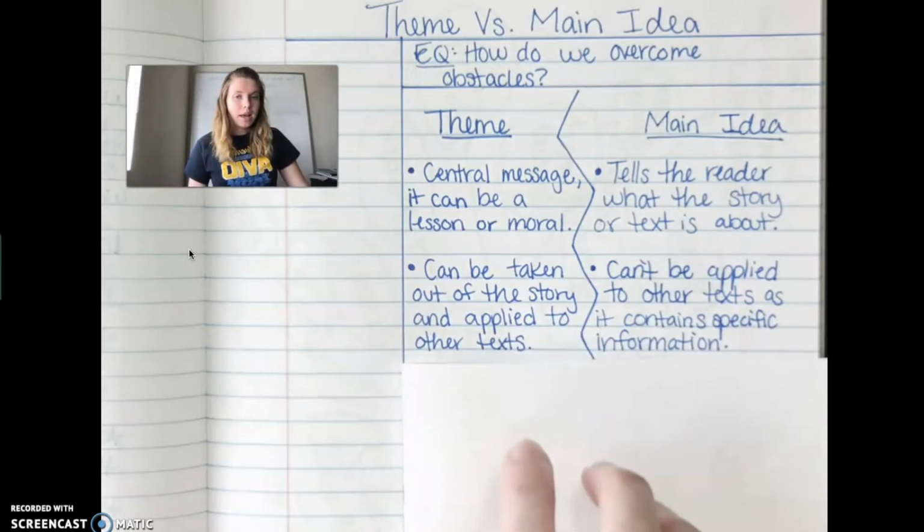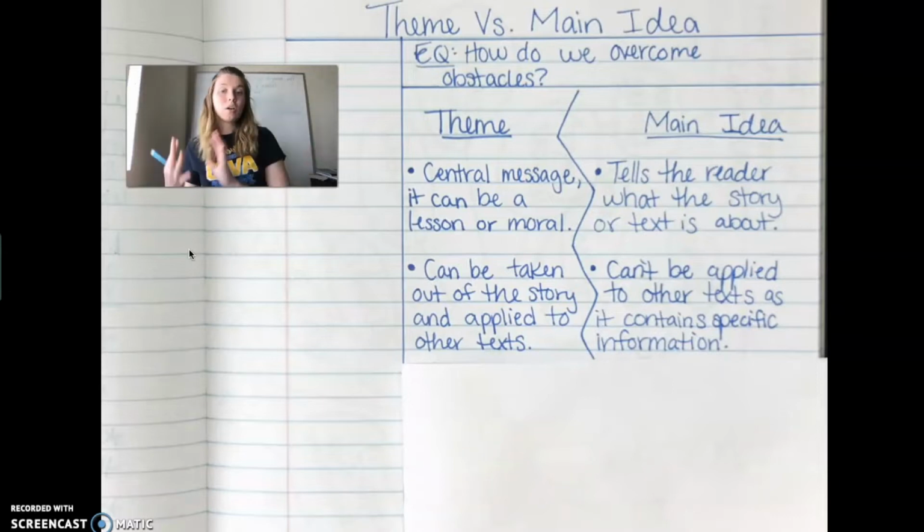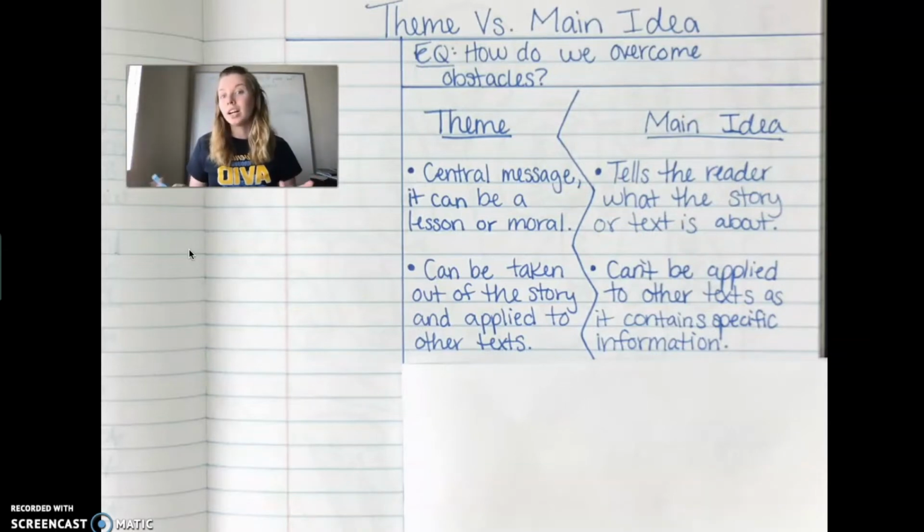So a theme can be taken out of a story and actually applied to other texts. For example, a theme of friends are forever. You can use that for lots of different stories. It's not just one story or one article. A main idea can't be applied to other texts, and it's because it contains specific information.